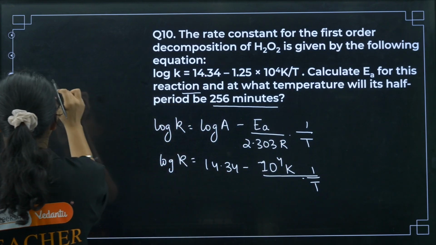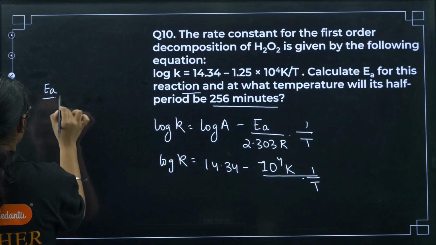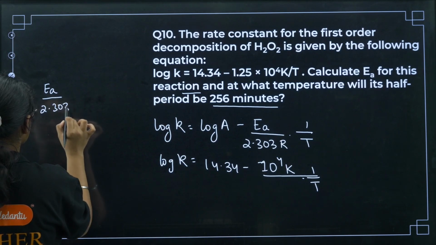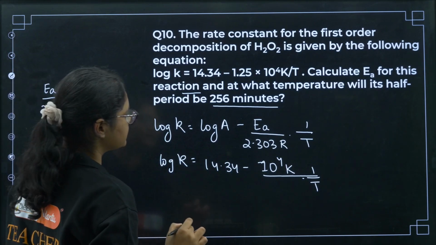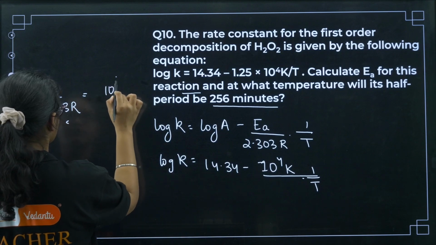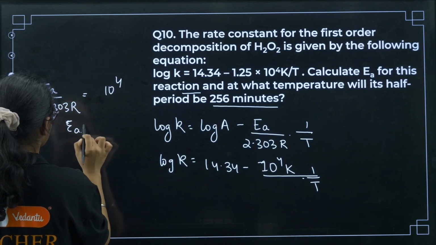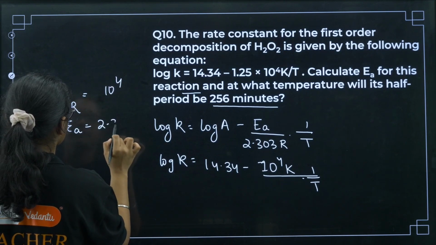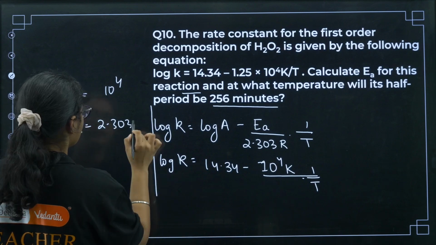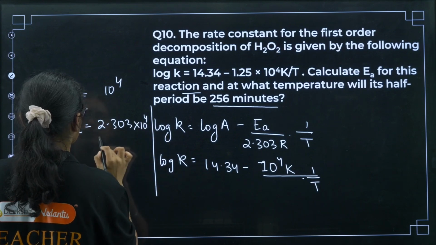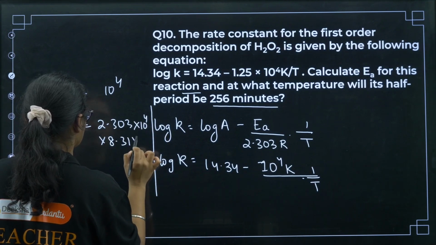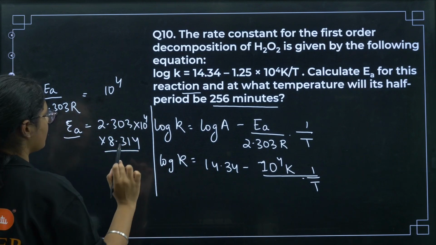So I can say that EA by 2.303 R is equal to 10 to the power of 4. So now EA will be equal to 2.303 into 10 to the power of 4 into 8.314. If you solve this, you will get the value of EA.